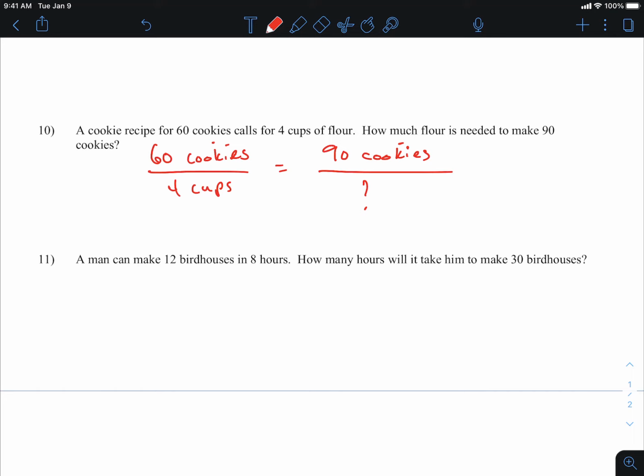How I did it is I know that 30 goes into 90 three times, and so I divided 60 and 4 by 2, so I split it in half, and so 30 cookies equals 2 cups of flour, and so 90 equals 6 cups of flour.